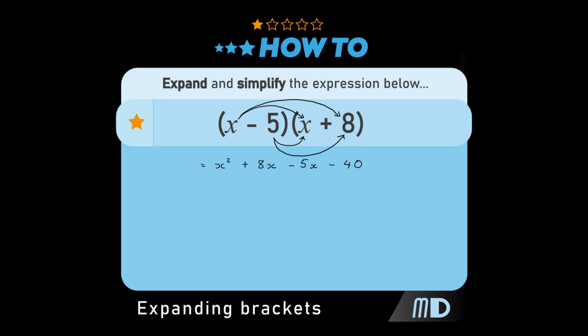The expanded expression is therefore x squared plus 8x minus 5x minus 40, and 8x minus 5x is equal to 3x. So the simplified expression is x squared plus 3x minus 40.